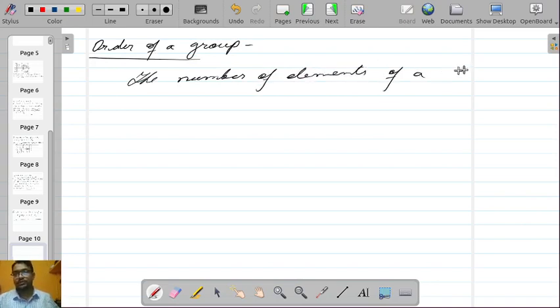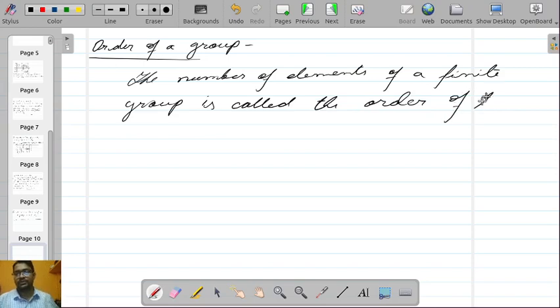The number of elements of a finite group, a group having a finite number of elements, is called the order of the group.